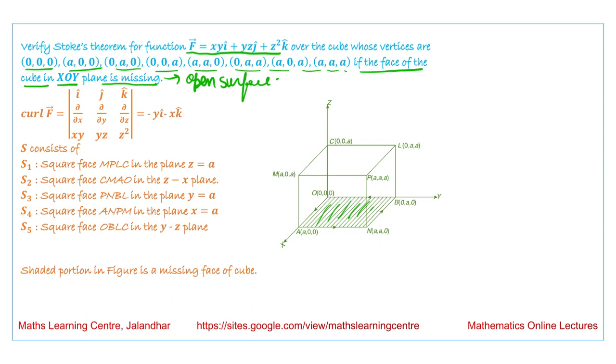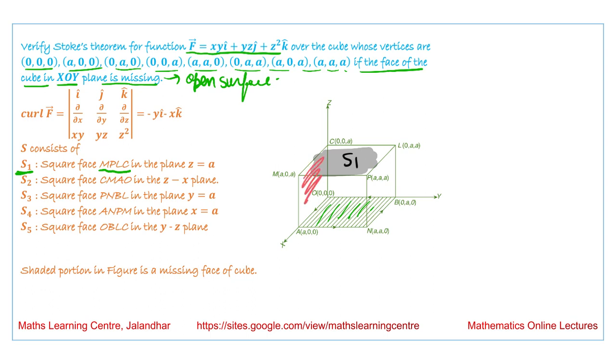So we have S1, the square face MPLC. We are talking about different faces here. MPLC means this top portion, which we call S1. Then we have S2, the face in the ZX plane.